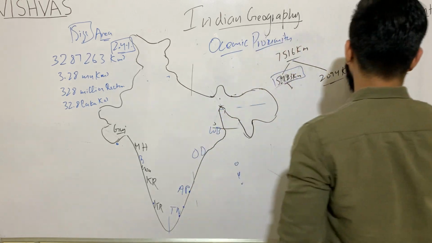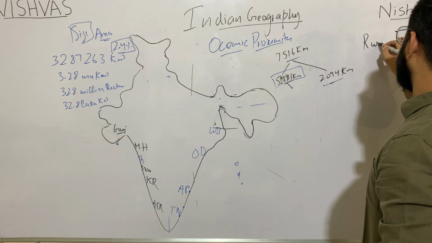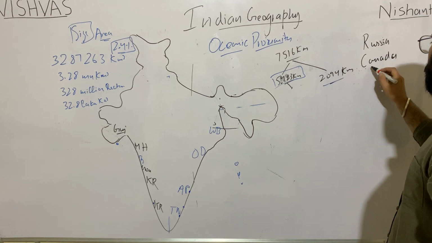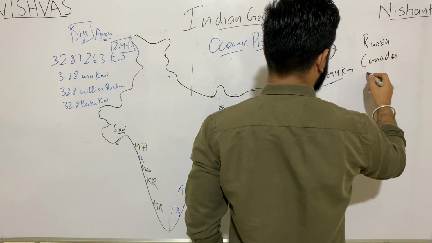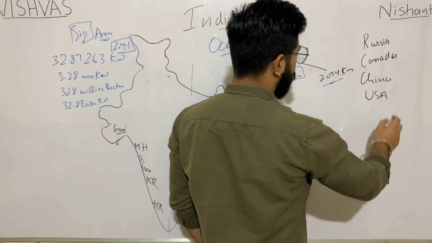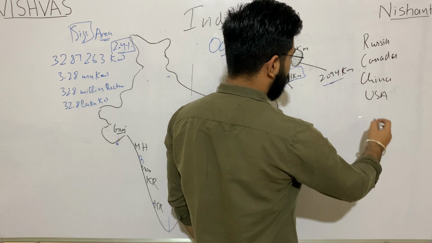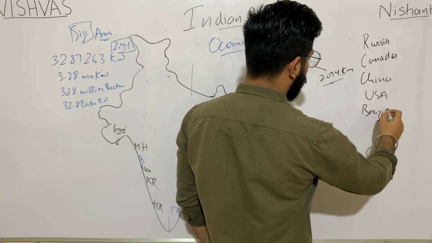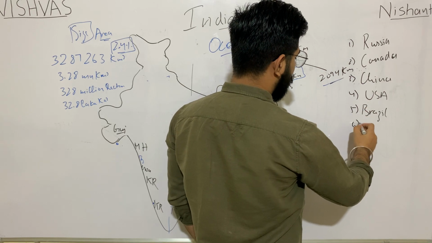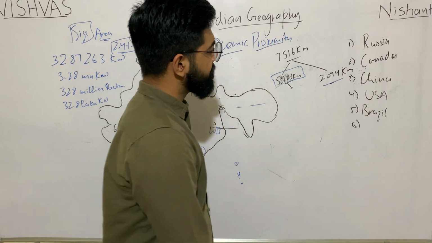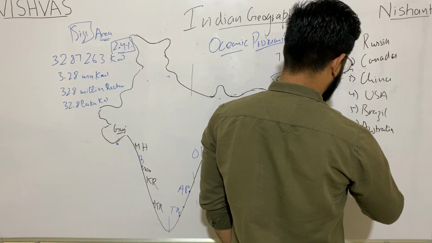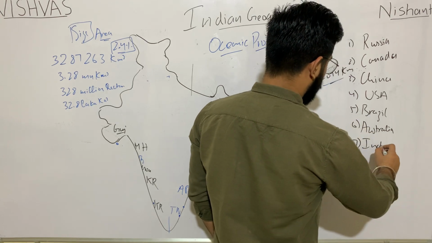The first is Russia, then Canada, China, USA, Brazil. Then sixth we have Australia. Seventh, as I told you, it is India.